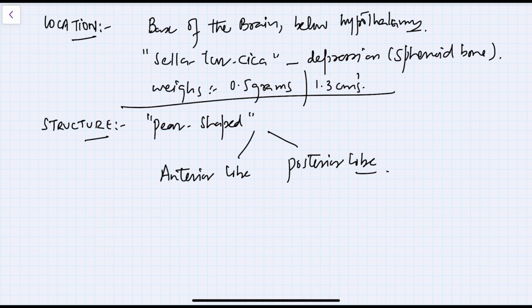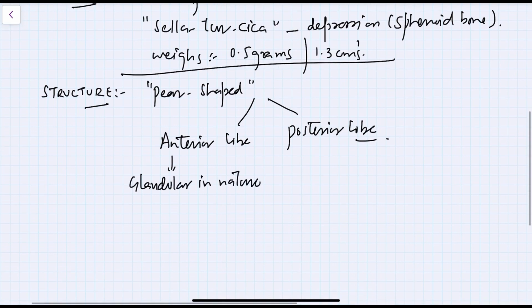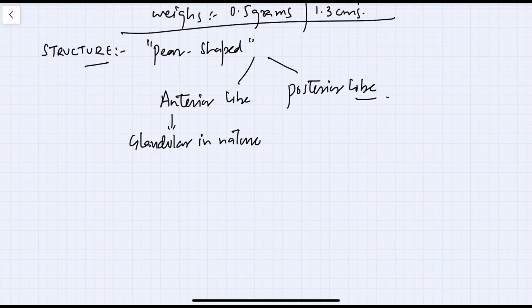The anterior pituitary is glandular in nature. It's composed of different cell types, and each of these cell types secretes different kinds of hormones.